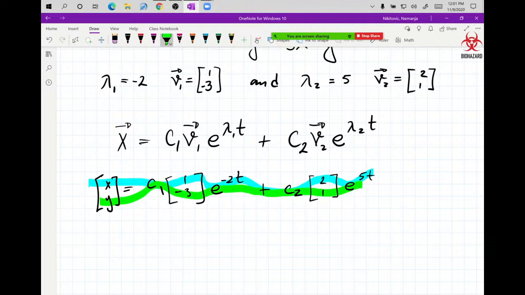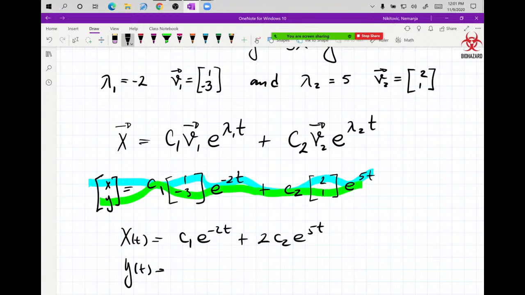So you just follow the blue path, and you say x of t is equal to c1 e to the negative 2t plus 2 c2 e to the 5t. And then for the y of t solution, follow the green flow, which is, oh sorry, negative 3 c1 e to the negative 2t plus c2 e to the 5t. So you follow the blue path, and you follow the green path.